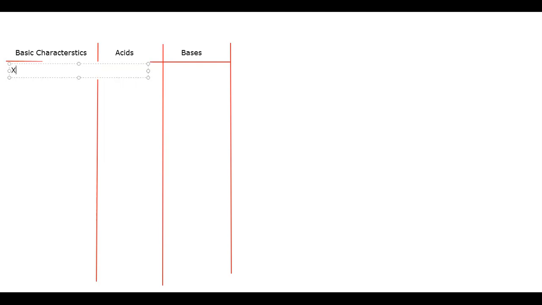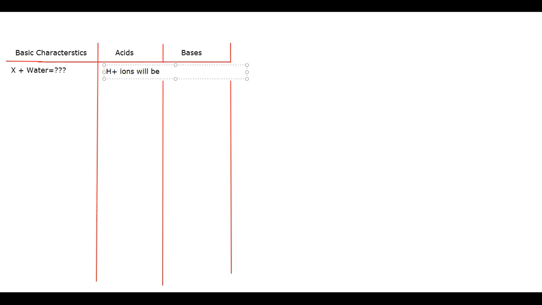Let's suppose X means any acid or base that is going to dissolve in water, and what will happen? Let's suppose X is acid. If you dissolve any acid in water, what kind of ion will it give? The hydrogen ion will be released. This is called hydrogen ion.